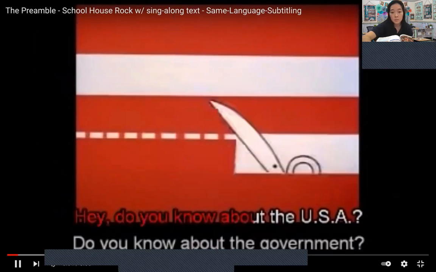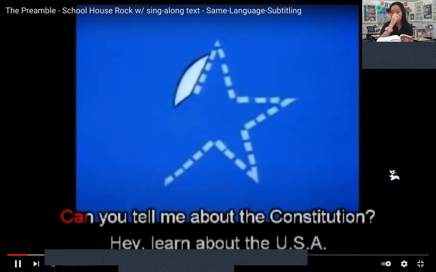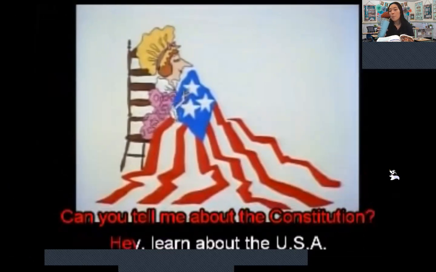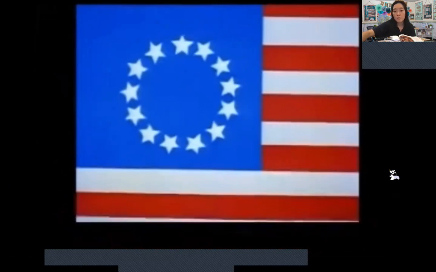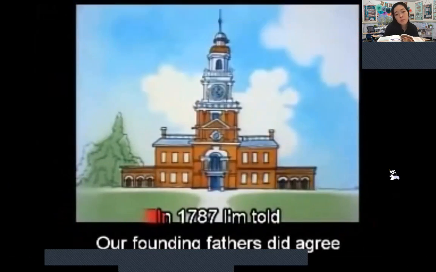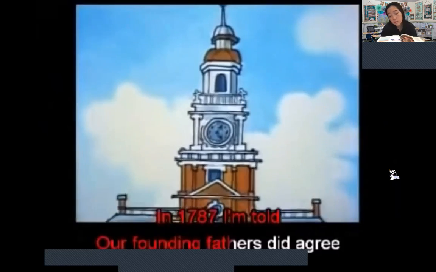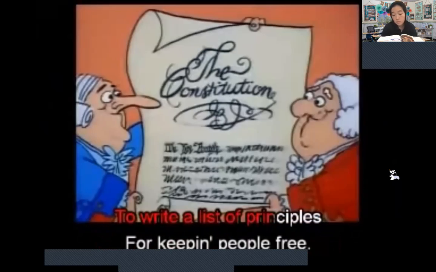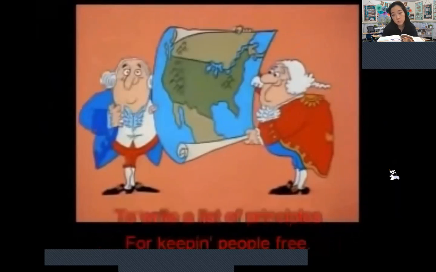Hey, do you know about the USA? Do you know about the government? Can you tell me about the Constitution? Hey, learn about the USA. In 1787, I'm told our founding fathers did agree to write a list of principles for keeping people free.